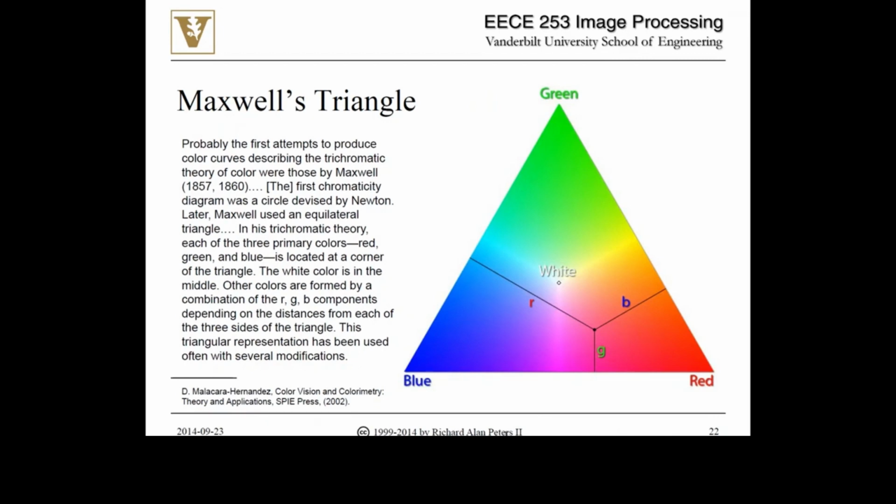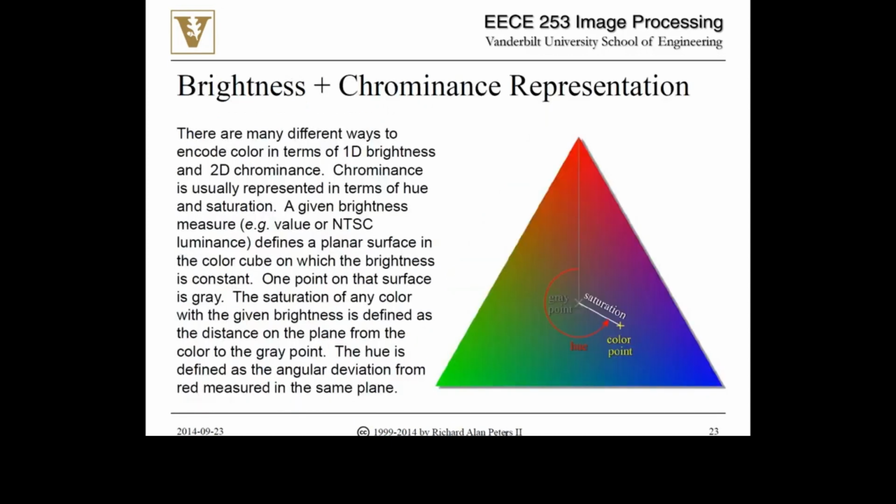He tried to organize in this way. Probably it is not the organization that we would choose today, but it was a very good attempt. He already separated into red, green, blue channels, and that was in the mid-19th century. So he had a very good intuition of how things work.